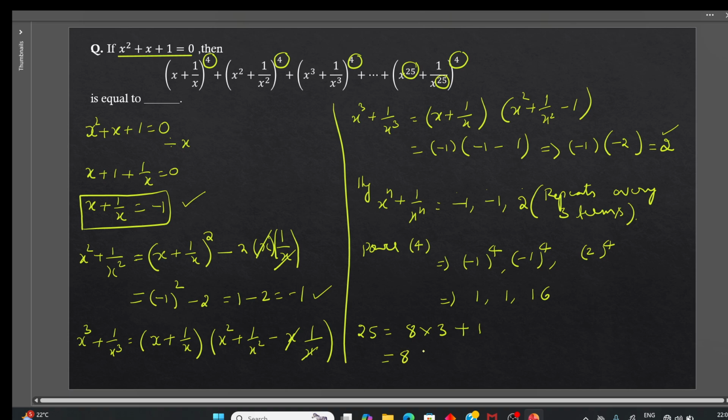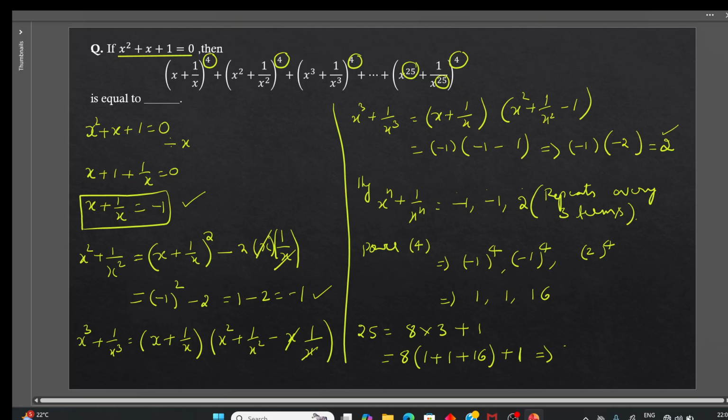So 8 cycles, and each cycle of three term values is 1 plus 1 plus 16, plus what is the extra term here? Extra is 1.